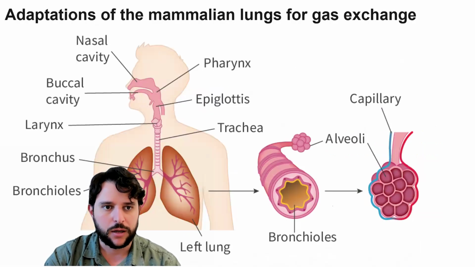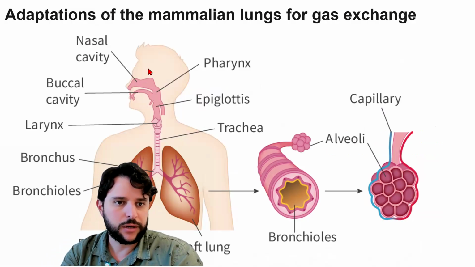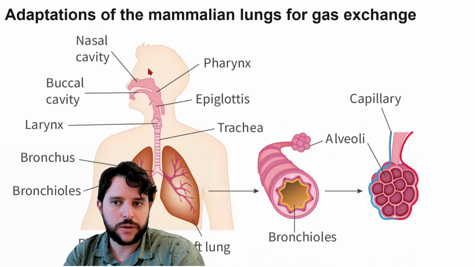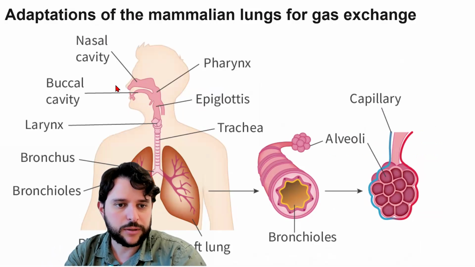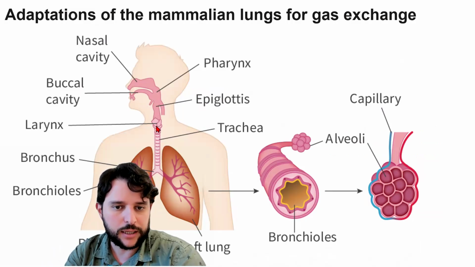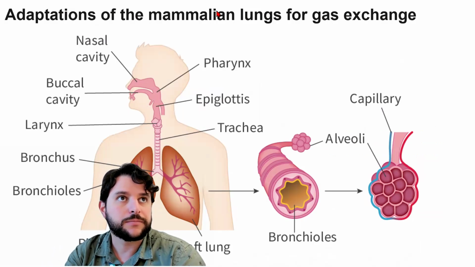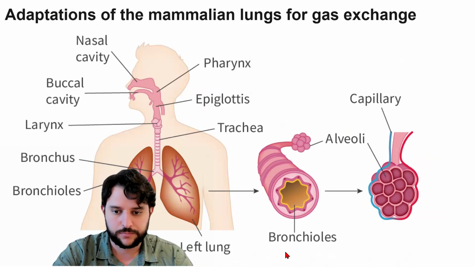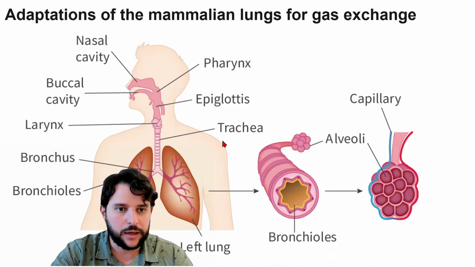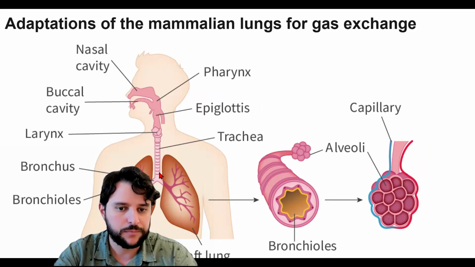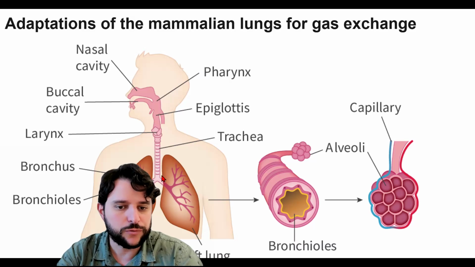Good. So checking the mammalian or the human lungs, this is the typical structure. This is the basic structure. We have our mouth, and then we have the trachea that the gas is going to pass. Nose, trachea, and from the trachea, this is going to move to the bronchus and fall into the lungs.